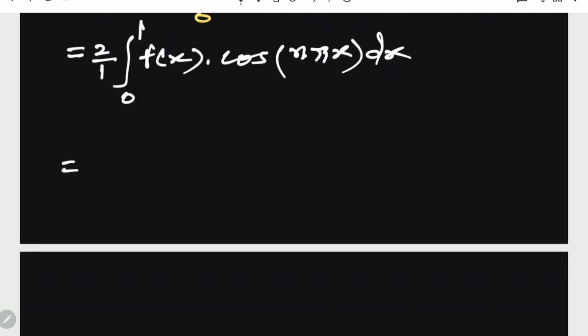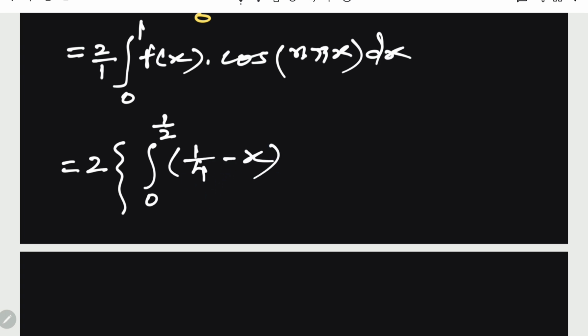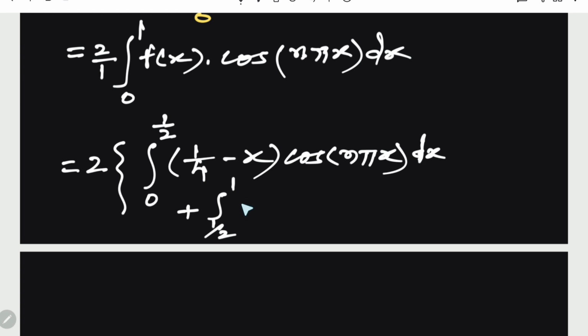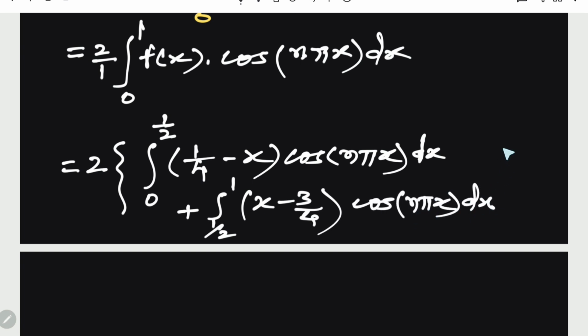Then we split that integral as per the given information. From 0 to 1 by 2, the value of f of x is 1 by 4 minus x into cos of n pi x with respect to x, and the second integral is from 1 by 2 to 1, and the term of f of x is x minus 3 by 4 multiplied by cos n pi x with respect to x.